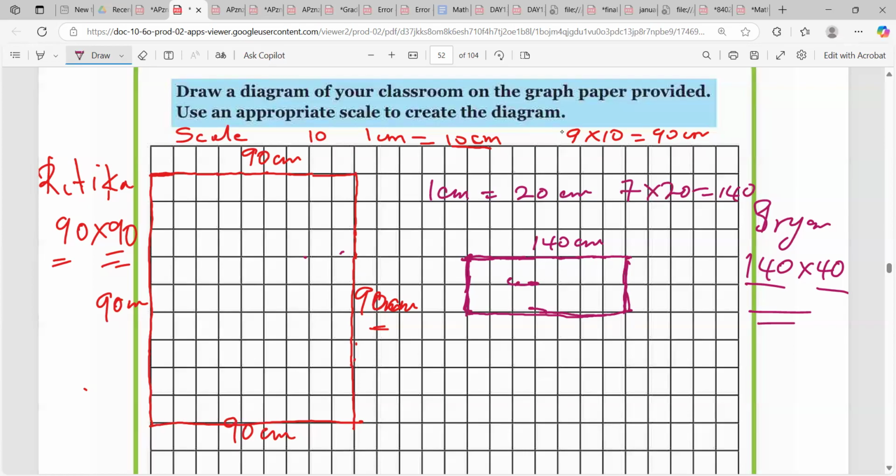Think about it, guys. If we were to use 1 centimeter to represent 1, and we were to go to 140, we'd have to draw all the way. The ruler stops at 30, so we have to stop at 30, put it again, put another 30, put another 30, and so on. So you see, that's the importance of scale drawing. It just gives a representation, just like the map.